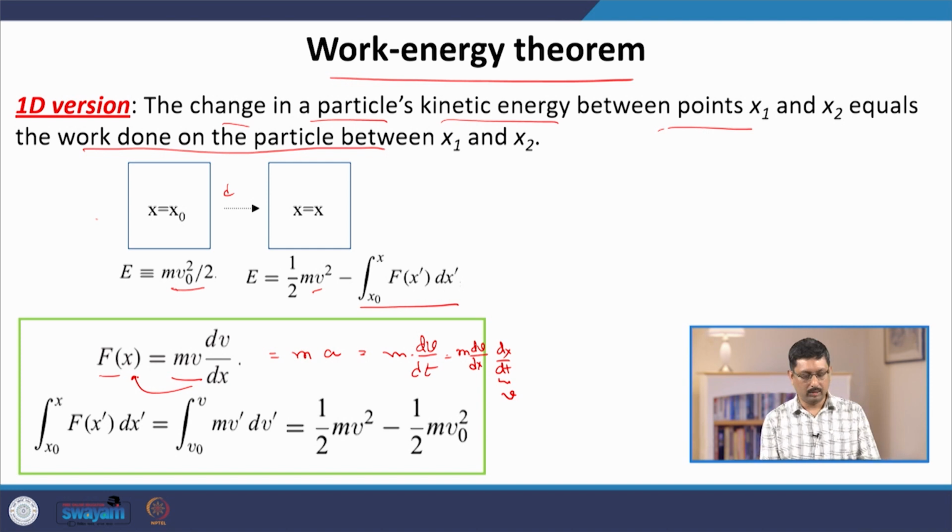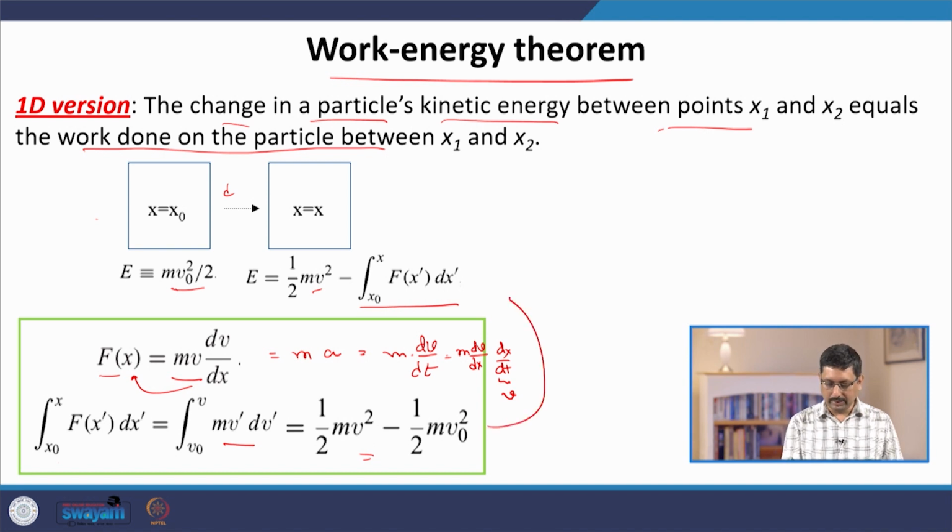multiply both sides by dx and do the integration from x naught to x, and then the right hand side is just the integration over mv dv, and it turns out to be equal to the change in the kinetic energy.